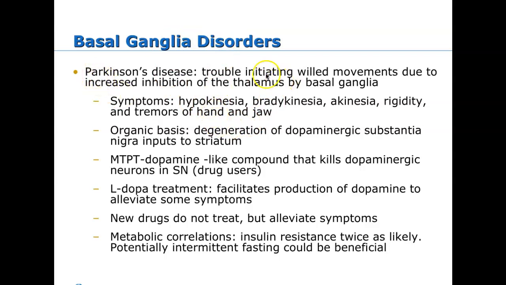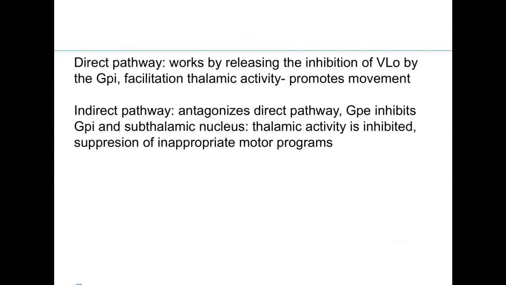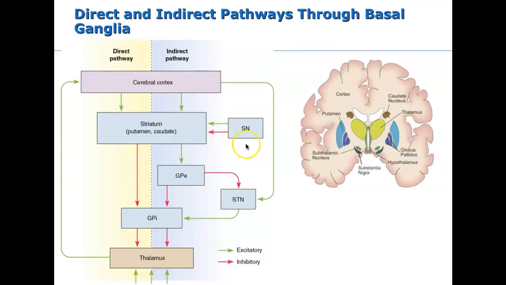Okay, Parkinson's disease. What happens in Parkinson's is patients who have it have hypokinesia or akinesia. They also experience rigidity and tremors, so shaking of hands and shaking of the jaw. The problems initiating movement, if you go back to this loop right here, come from the fact that the dopaminergic neurons here have been damaged.